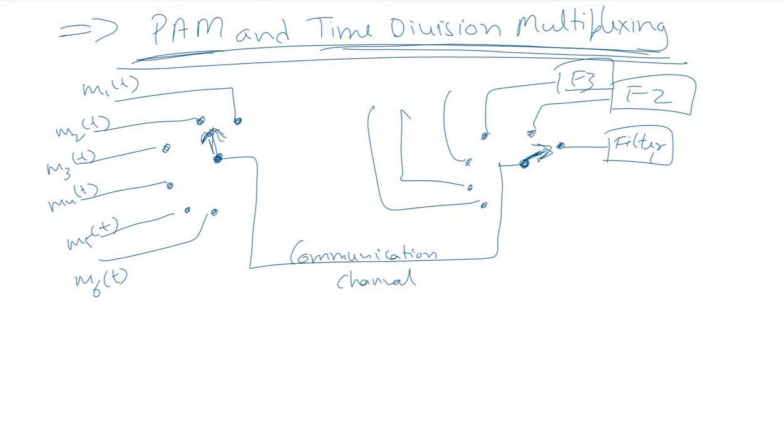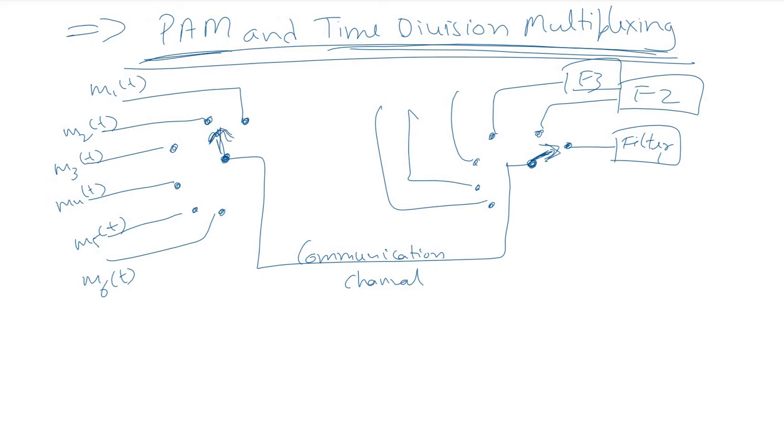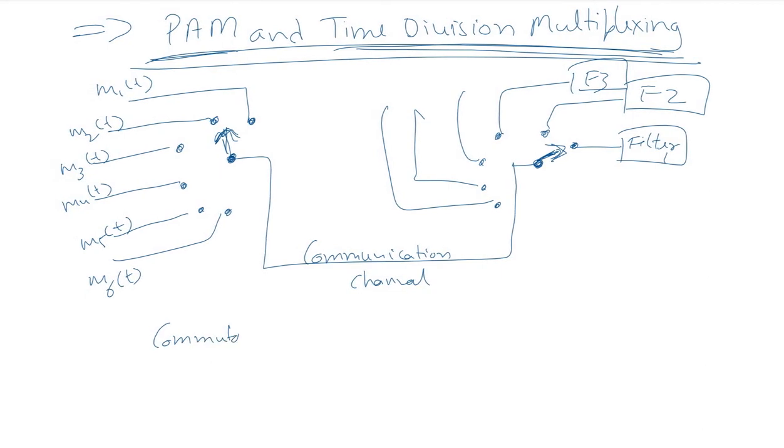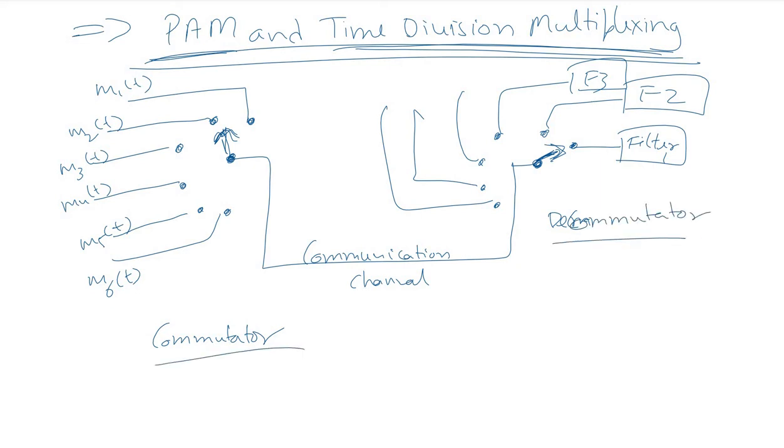This is the commutator arm and this is the decommutator. Okay, so this is a typical time division multiplexer.